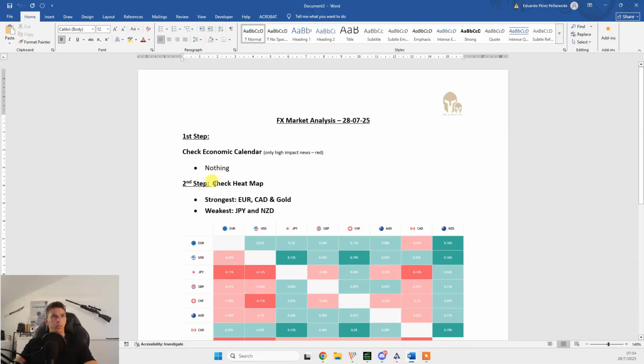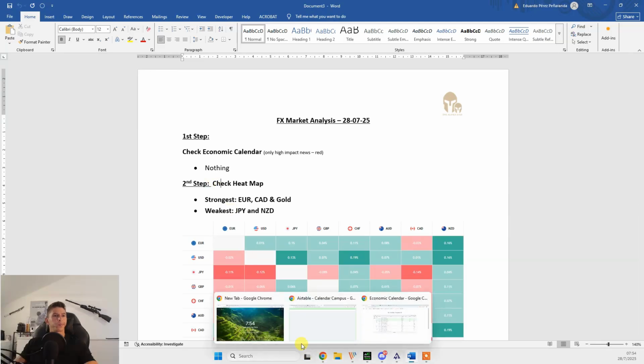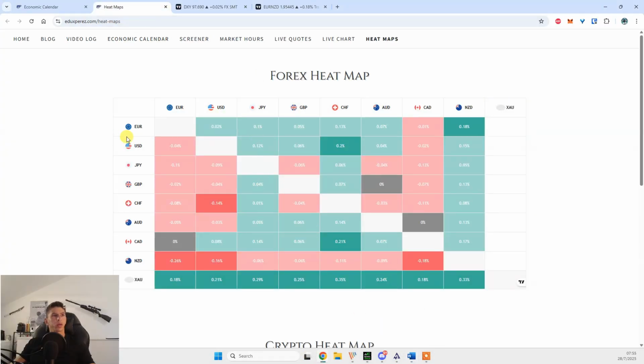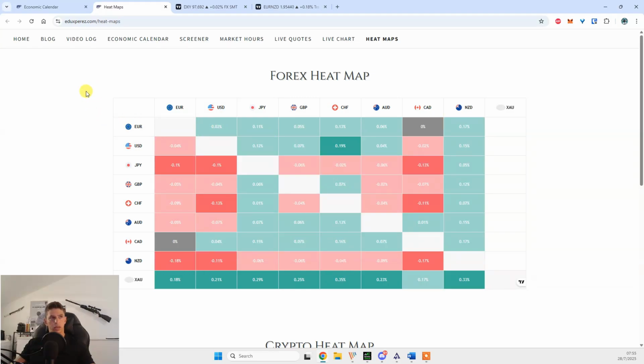and we check the heat maps, right? So we go here. We do a screen capture just to paste it on the document. But what we need to analyze here, as we've seen before, is strength versus weakness, right?